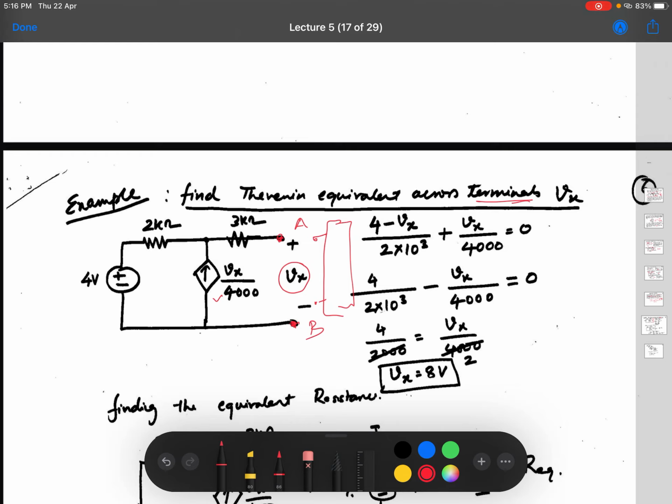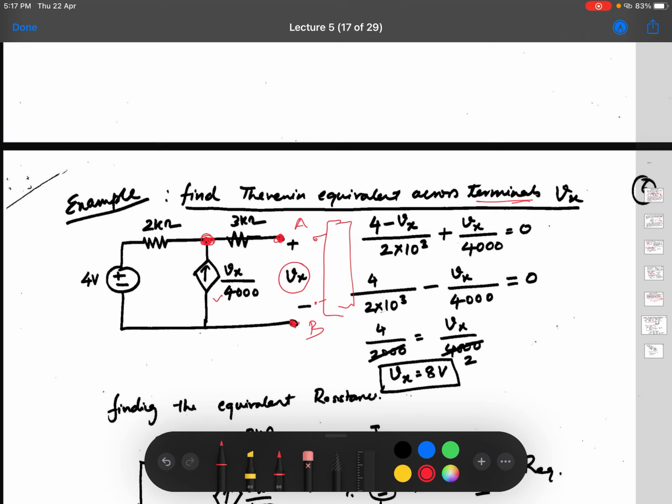The node equation is (4 minus Vx) upon 2000 plus Vx upon 4000. This voltage Vx and this voltage are the same, because there is no current flow in this 3 kilo ohm resistance.